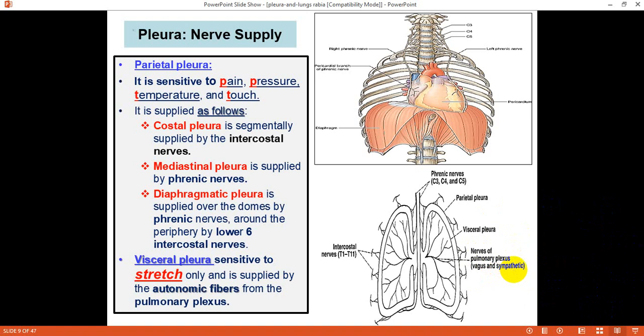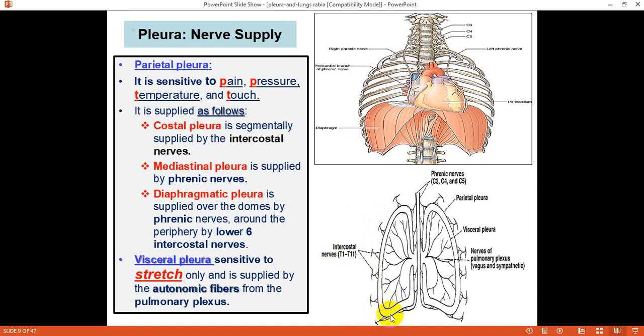Now, the nerve supply of the parietal pleura will be that of the structures which it is lining. So on the mediastinal aspect, as the phrenic nerve is supplying the fibrous pericardium, it is also going to supply the mediastinal part of the parietal pleura. And the costal pleura is supplied by the intercostal nerve, as is the peripheral part of the diaphragmatic pleura.